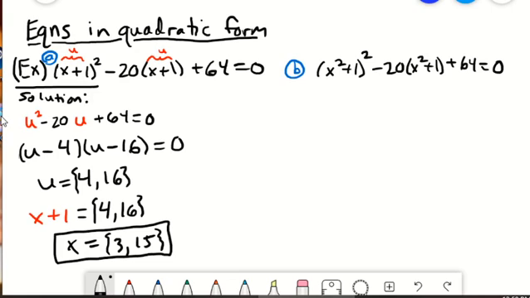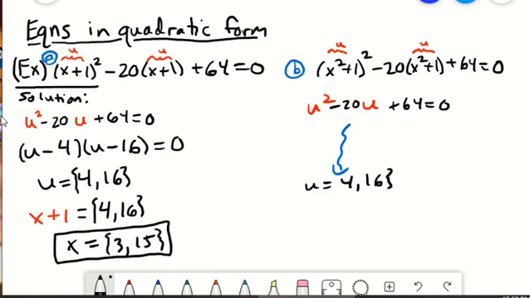We would still let u be the thing in the parentheses, right? We would still get u squared minus 20u plus 64 equals 0. We would still find that u is equal to 4 and 16, just as before.